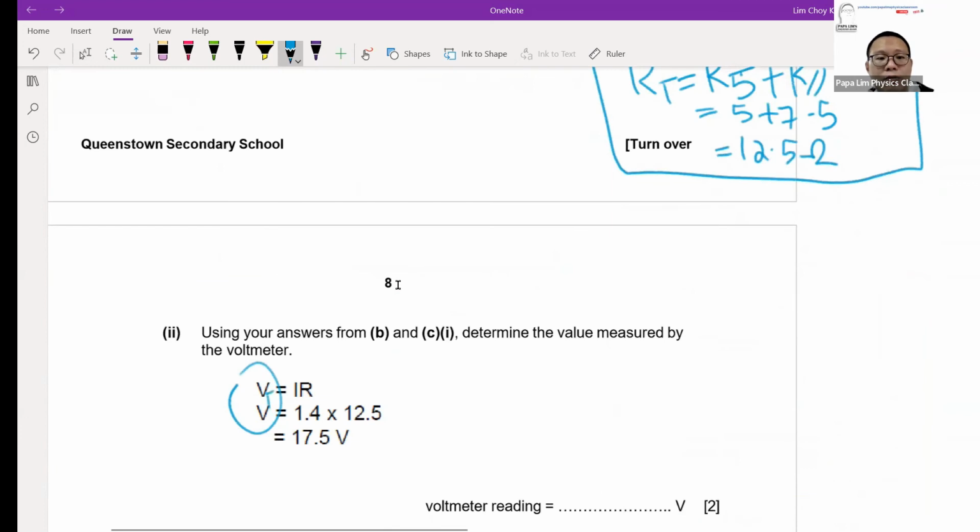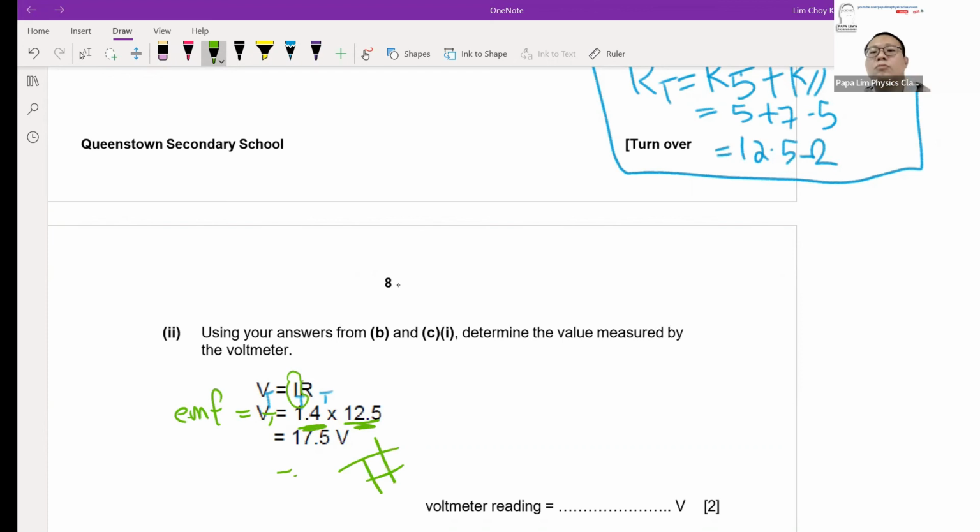So basically, I total, V total, and R total. The EMF is actually the V total, or what we call the EMF of the battery. I total you found already, I total is 1.4. R total is 12.5. So straight away you get the answer.